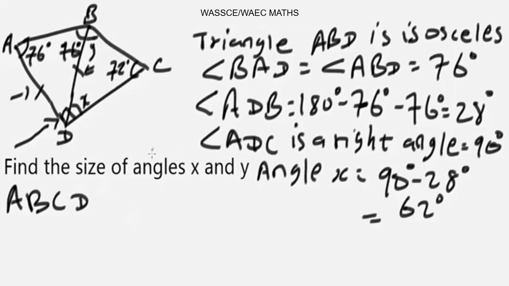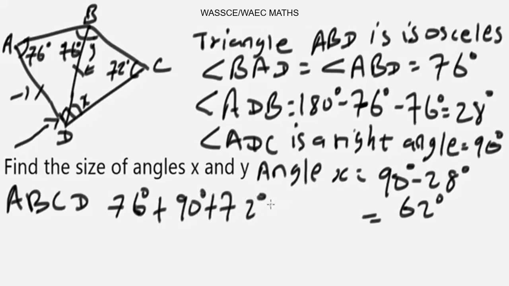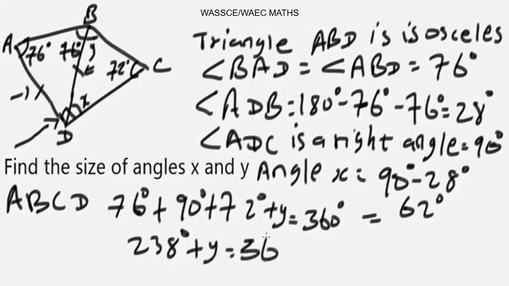So to get our y, we add every angle we have here: 76 degrees plus 90 degrees plus 72 degrees plus y equals 360 degrees. Now when you add these on the calculator, we're going to have 238 degrees. We have 238 degrees plus y equals 360 degrees.